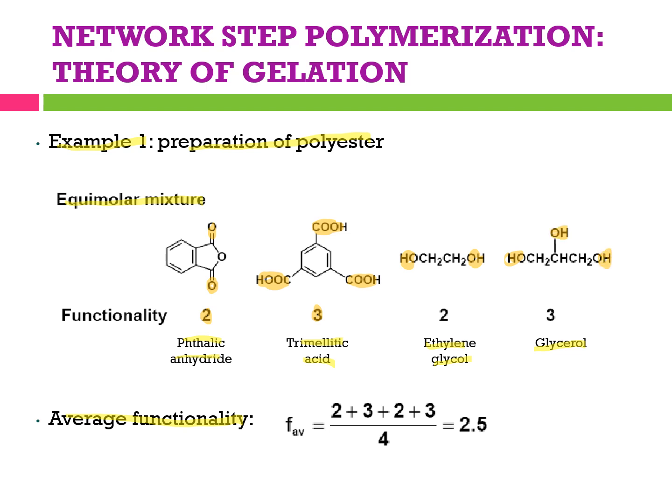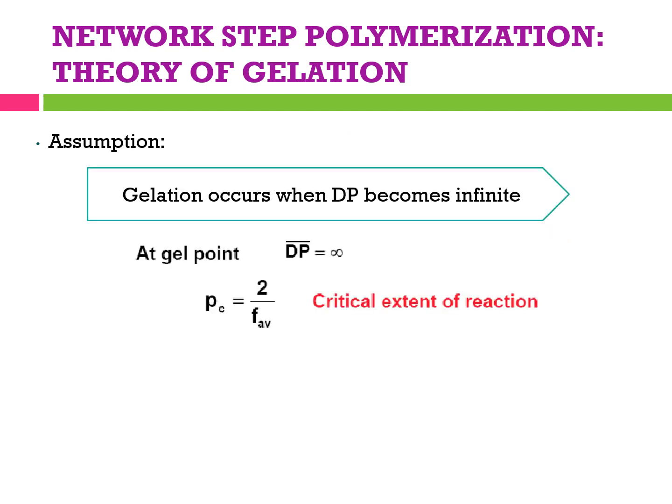So to find average functionality, you have to sum up the functionality of each monomer, 2 plus 3 plus 2 plus 3, divided by the number of monomers involved, 1, 2, 3, 4. So divided by 4, and the value of average functionality that you get is 2.5.